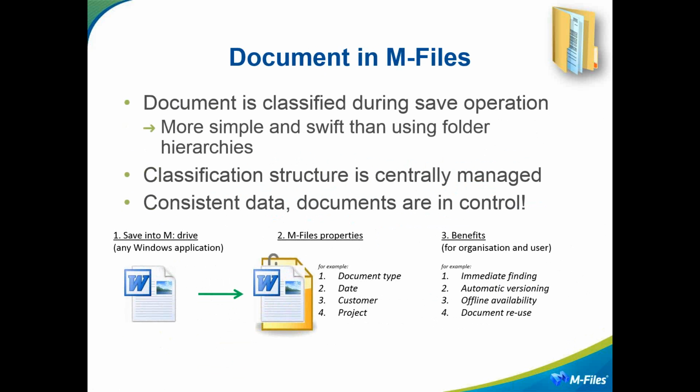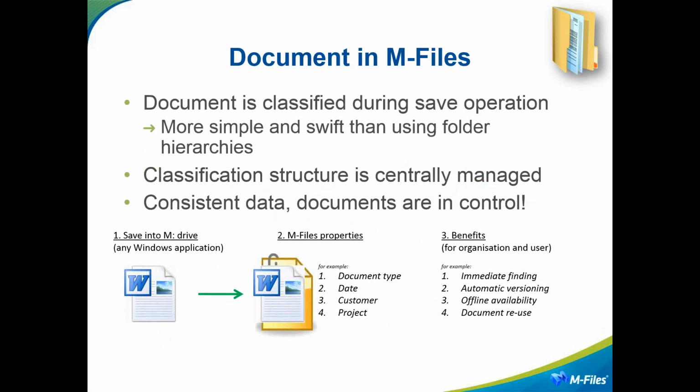I could always access those files if I chose to have it available offline. And then document reuse, that's something we're going to talk about a little bit more later, but the fact that the same document can show up in multiple different ways means that we don't have to keep multiple documents in various locations just so that other people can find it.